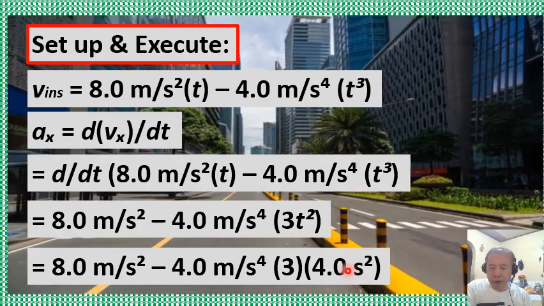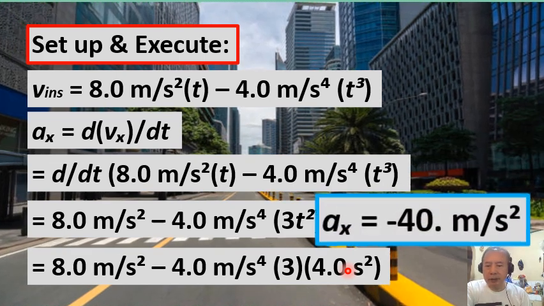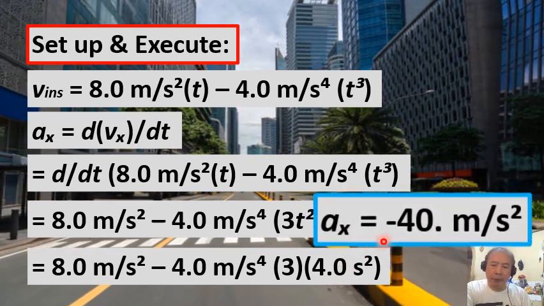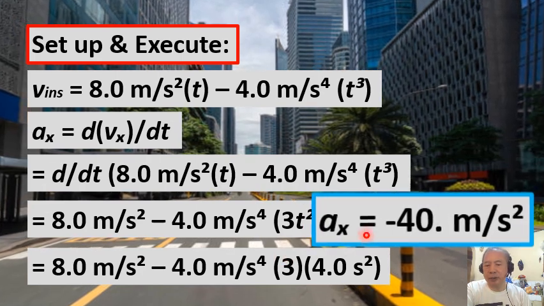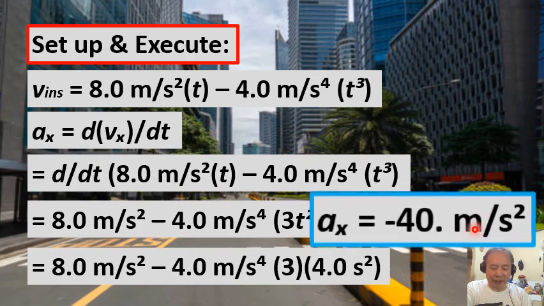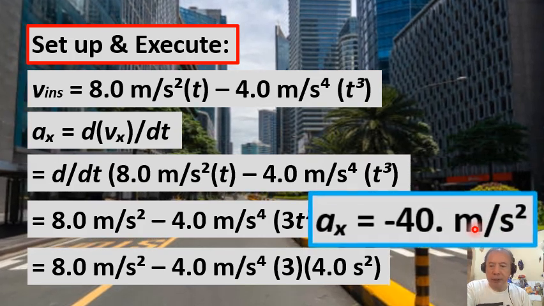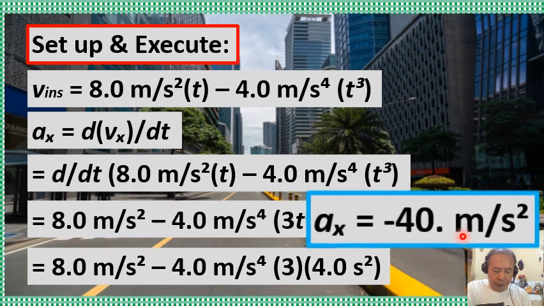So the result of which, when you do your math, is the instantaneous acceleration a sub x equals negative 40 meter per second squared. This is in two significant figures.